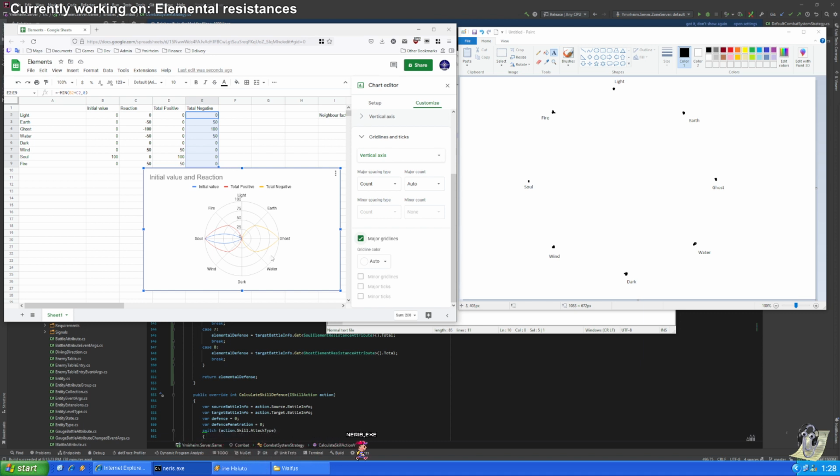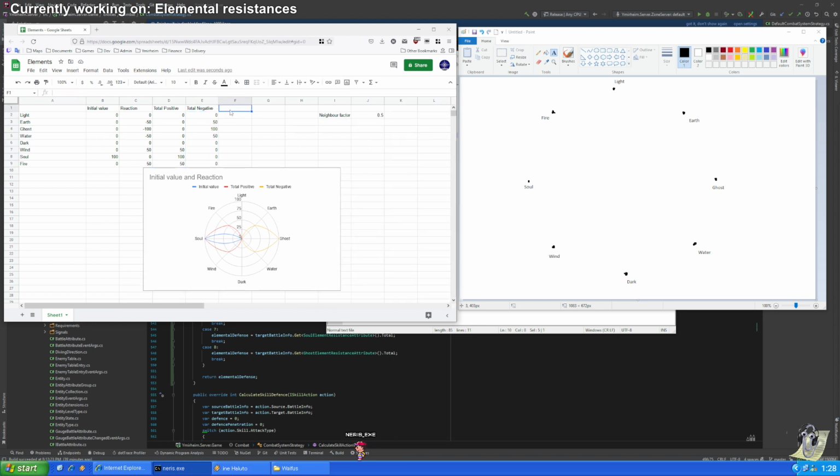Yeah, this is a bit weird because I don't have the total values. But okay, let's make it here again. Total equals this plus that. Yes.